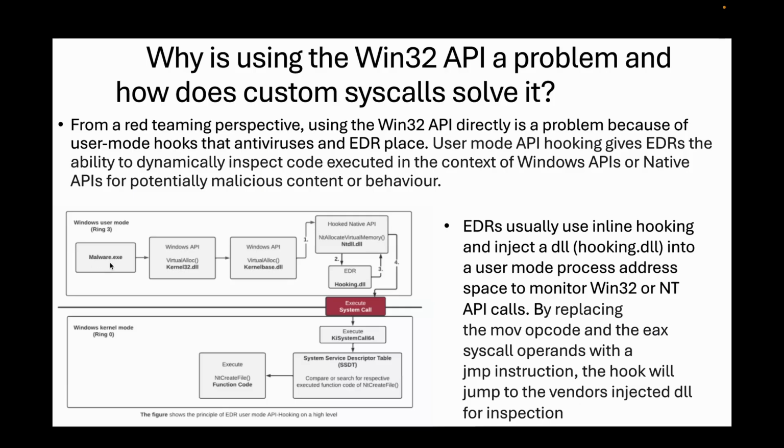Here you can see this visual representation. VirtualAlloc gets called from kernel32 or the kernelbase DLL, and then NtAllocateVirtualMemory gets called. Then the DLL will inspect this function getting called, pass execution back to the function, and then move along the transition from user mode to kernel mode.